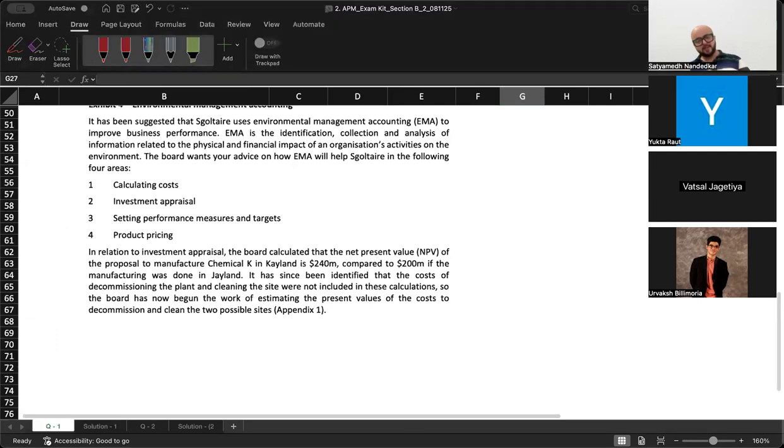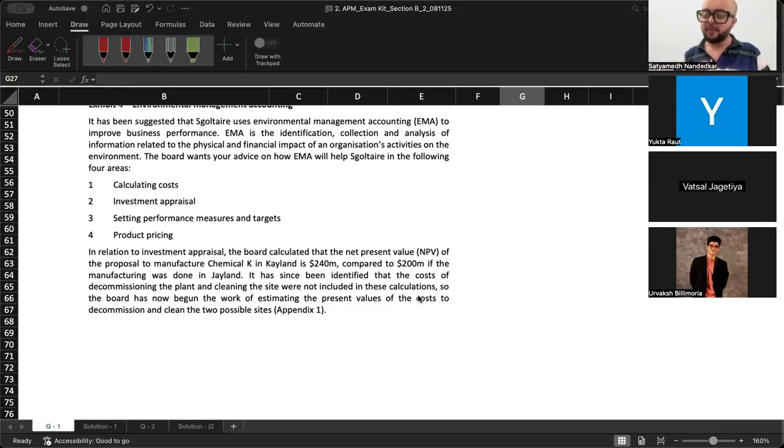Last one is product pricing. How does EMA help you in product pricing? Vatsal, what do you think? Like we could take into account the costs which we would have missed in the other costing methods. You're right, but instead of saying forgot, I would say the other traditional accounting methods don't understand all of these costs.